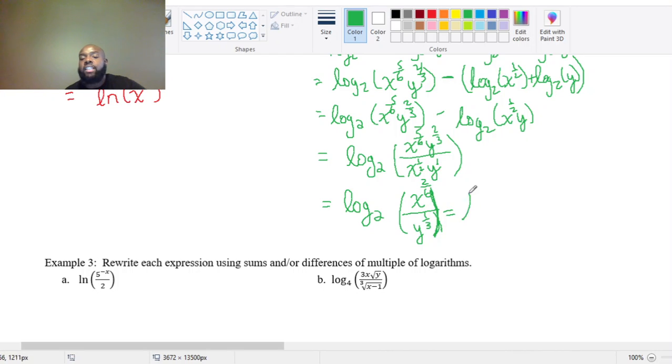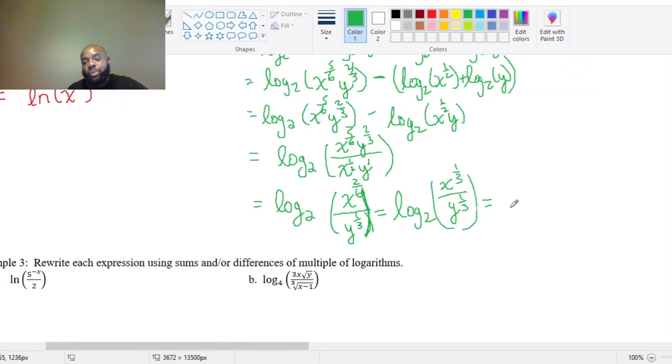And so I can write this as log at base 2 of x to the 1/3 over y to the 1/3. And if you didn't want to write that as two separate powers, you can simplify that further, x over y to the 1/3. And if you wanted to write it as a cube root, you definitely could. All right. And so we wrote it as a single logarithmic expression and we simplified it completely.